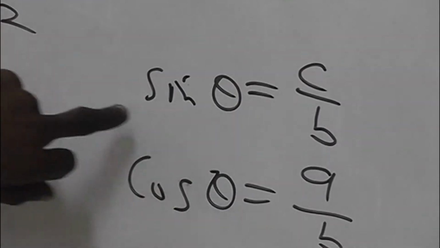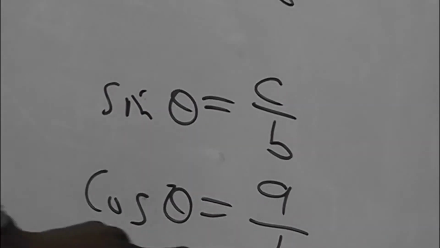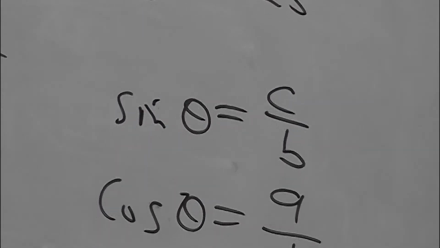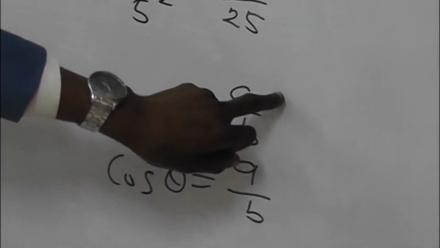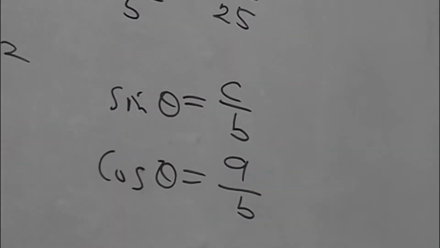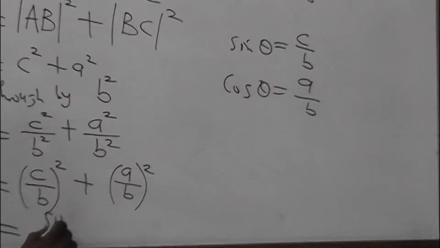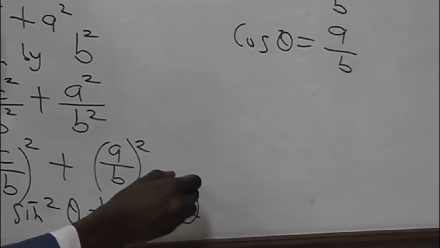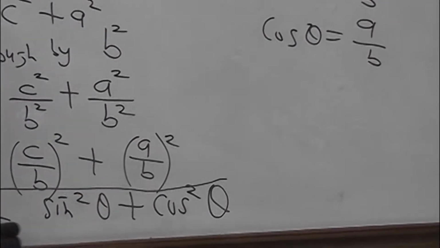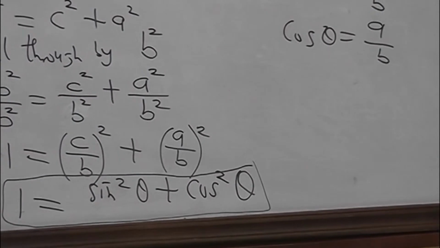So if we replace c over b with sine theta, and a over b with cos theta, it's just replacement. That is what will give us 1 is equal to sine square theta plus cos square theta. So under trigonometry, we have sine square theta plus cos square theta is equal to 1.